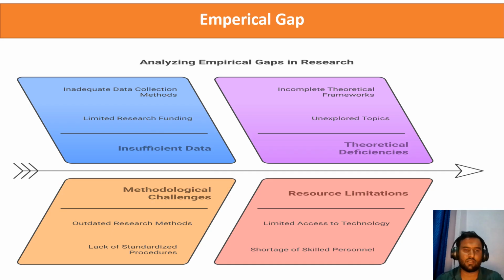And methodological challenges, like outdated research method or lack of standardized procedure. So in the process, what kind of lacking is there, that is known as empirical gap. Or if there is an unexplored topic, that is also counted as an empirical gap.